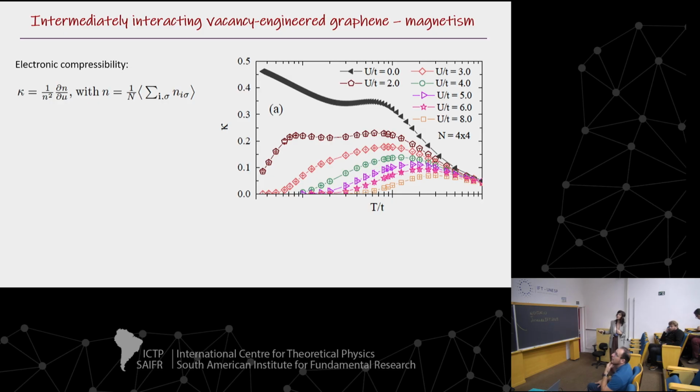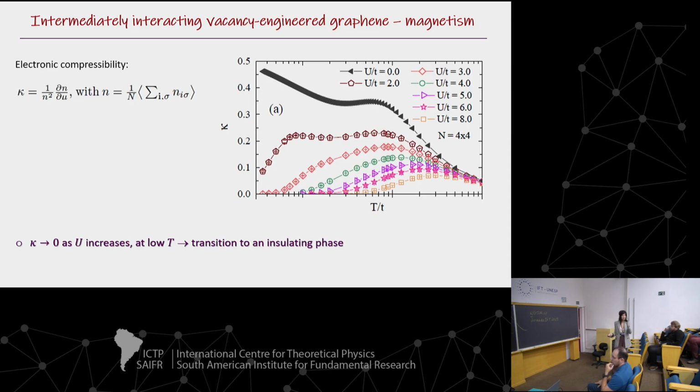Okay, so if you look at Monte Carlo results for electronic compressibility, you see that compressibility goes to 0 as U increases. That's this pattern here. So increasing U, you get this compressibility going to 0 at low temperatures, which is an indication that there is a transition to an insulating state.